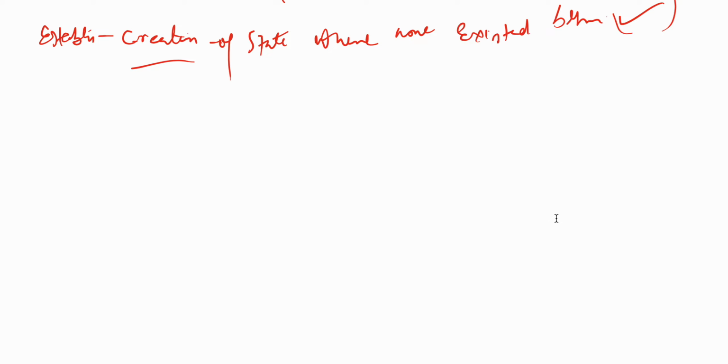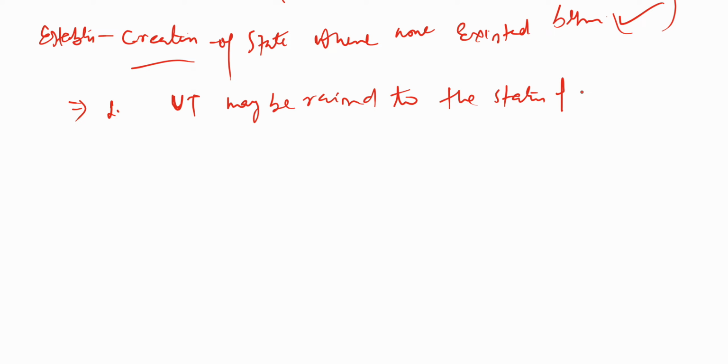Any new state may be admitted into the Union in any of these ways. First, let's say that an inferior category such as Union Territory, there is an inferior category because we call UT an inferior category, may be raised to the status of full state.